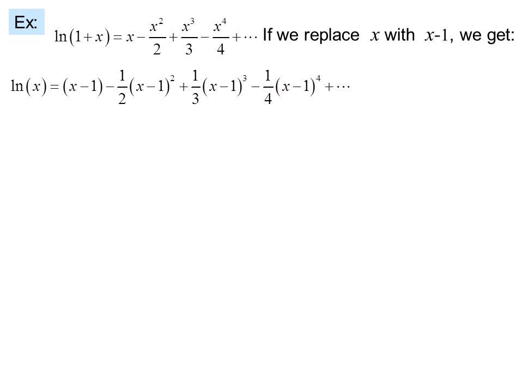If we replace x with x minus 1, we get ln x equals x minus 1 minus 1/2 (x minus 1) squared plus 1/3 (x minus 1) cubed minus 1/4 (x minus 1) to the 4th, etc., which is equal to the summation from n equals 1 to infinity of negative 1 to the n plus 1 times 1 over n times (x minus 1) to the n.